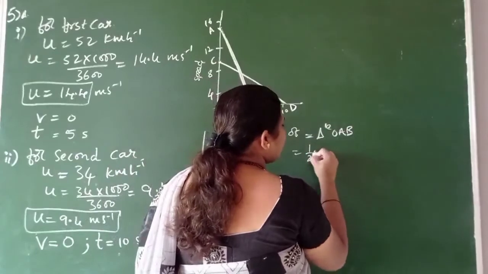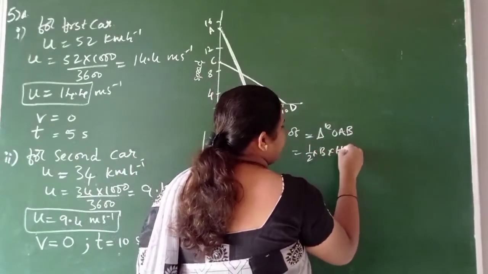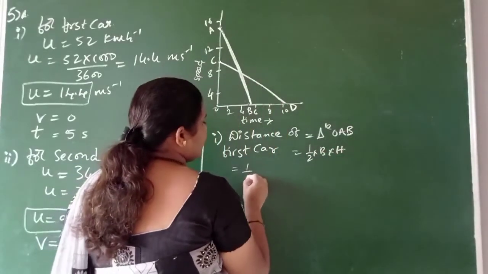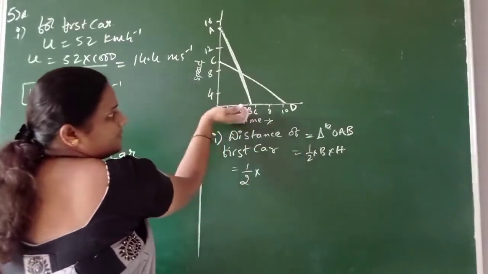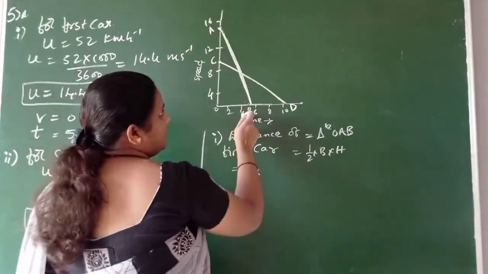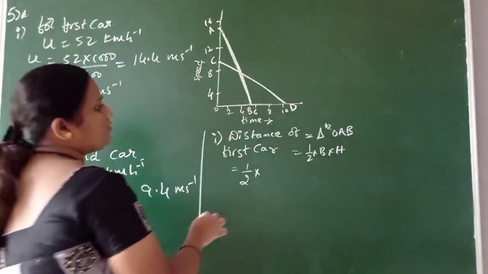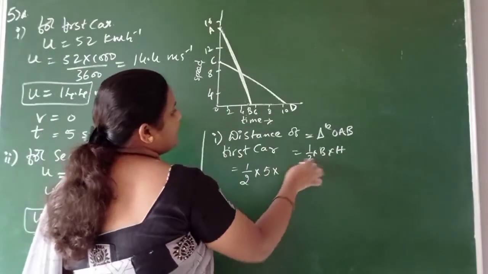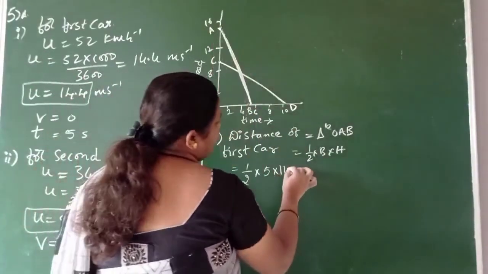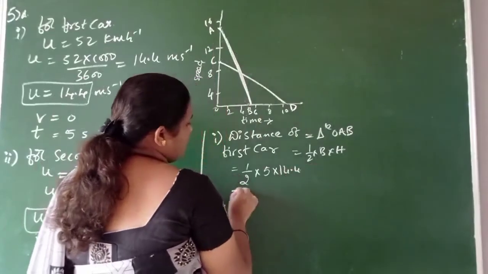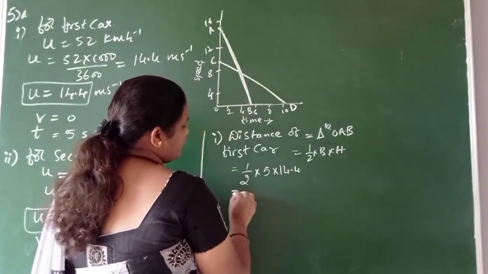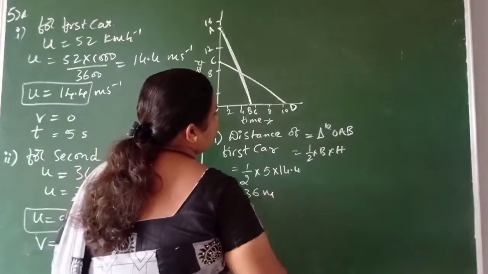Half into base into height, isn't it children? Now what is the base? Base is nothing but the time value, that is 5 seconds. Height, what is the height? 14.4. So by doing this cancellation you will get 36 meter.